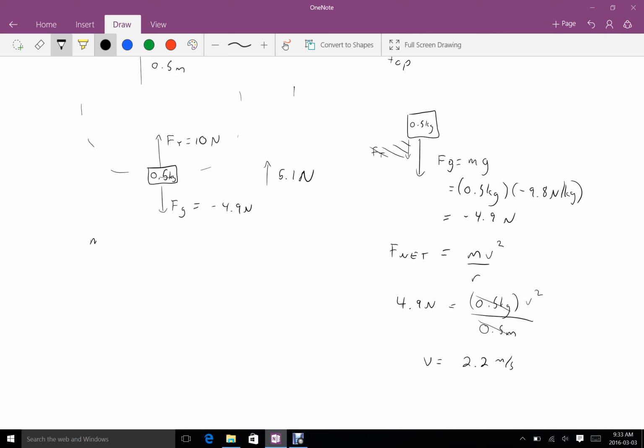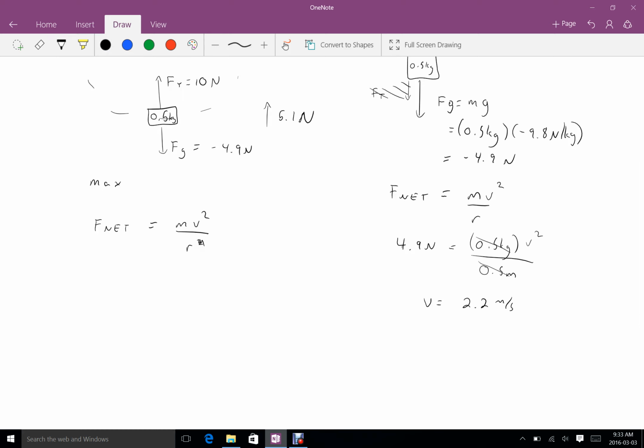So for my maximum speed, I am going to say that my net force is again equal to my equation for the centripetal force, mv squared over r, the force required to keep something moving in a circle with uniform velocity. So I'll put my 5.1 newtons here, mass of 0.5, radius of 0.5, just like last time, v squared.